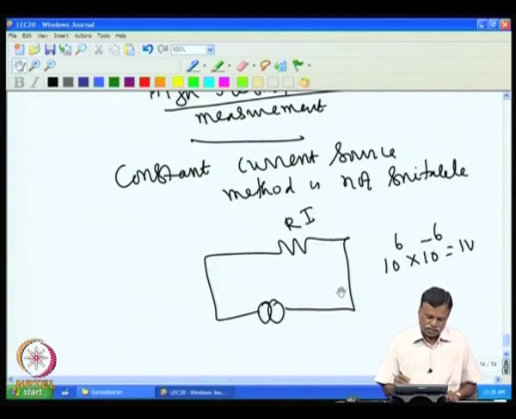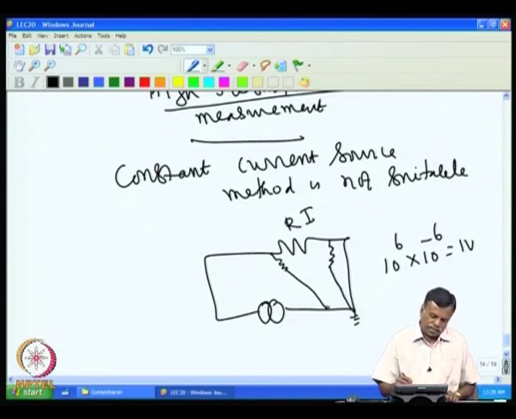For example, this source will have a ground voltage at one point. Now, there will be a leakage from the wire and all other things, there will be a leakage from this point to ground. Similarly, there will be a leakage from this point to ground.